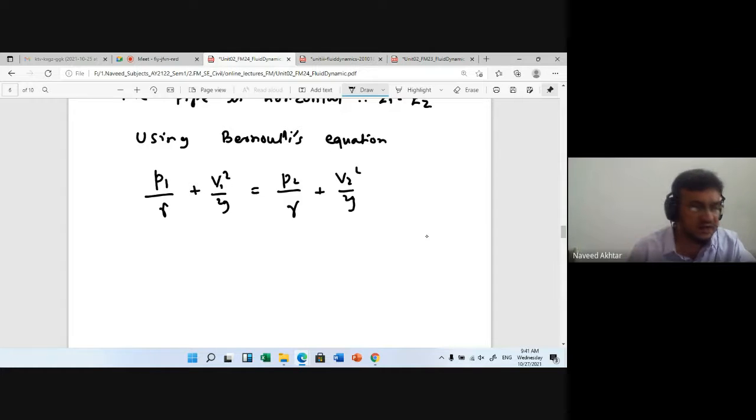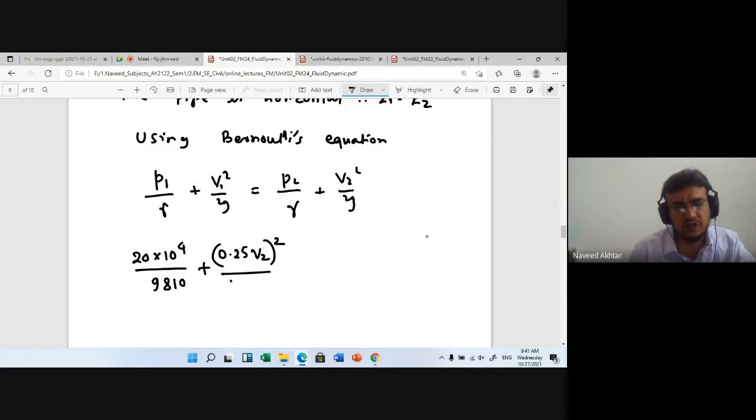So if I write P1 as 20 into 10 raised to 4, the fluid type is not given, so we'll consider water, so it is 9810. V1 square is nothing but 0.25 times of V2 whole square upon 2 into 9.81, is equal to P2, which is 10 into 10 raised to 4 divided by 9810 plus V2 square upon 2 into 9.81.